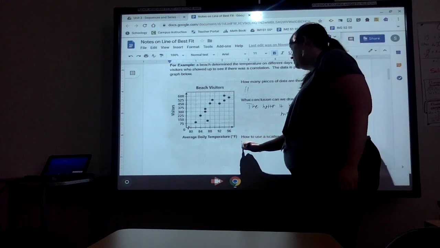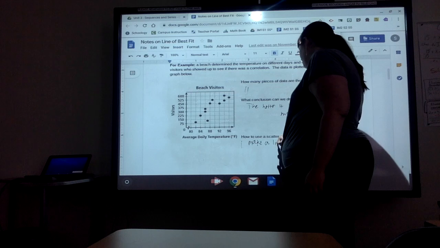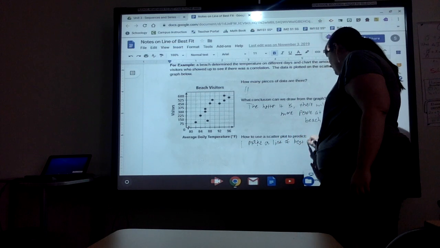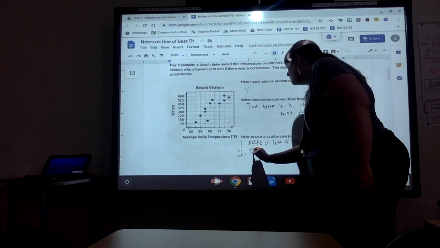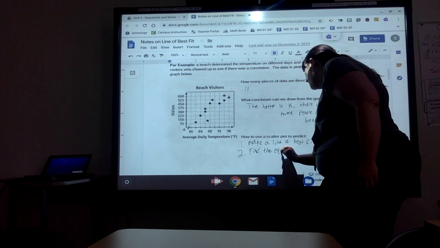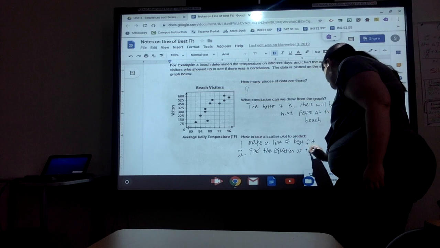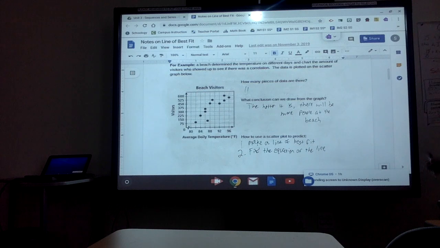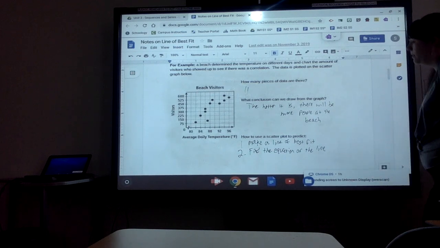Step 1, you're going to make a line of best fit. Step 2, we're going to find the equation of the line. Finding the equation of the line, we've done that time and time again so far, so we're going to be really good at that part.